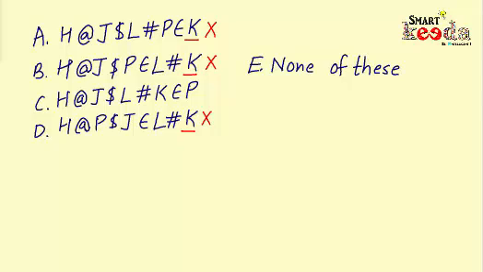So let's first take option C and check whether it is true or not. For this, we will prepare a blood relation tree for option C. So let's take the first link of option C, that is H@J, which means that H is wife of J. So let's take H with a minus sign as she is wife and J with a plus sign as he is husband.